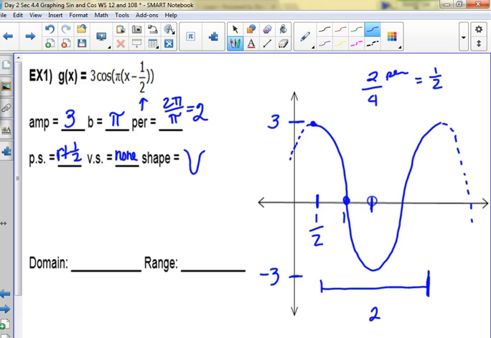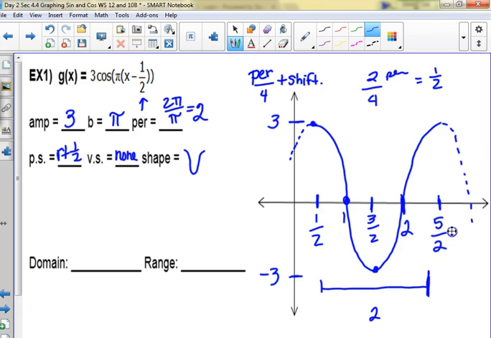Add a half onto that, which would be the next quarter point, which would be 3/2. Add a half onto that, the next quarter point is 2. And that means it finishes 2 units after a half, which would be 2.5 or 5/2. So the period divided by 4 and added on to the shift, okay, will give us those quarter points.